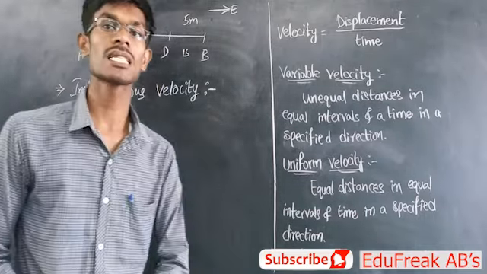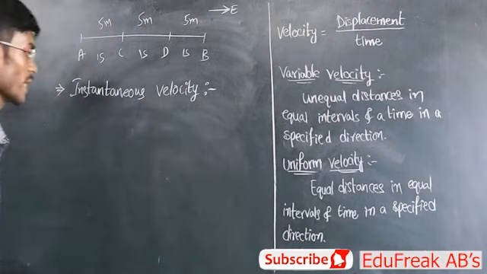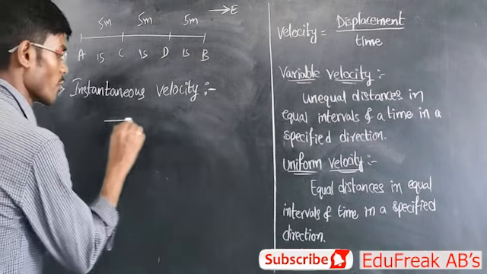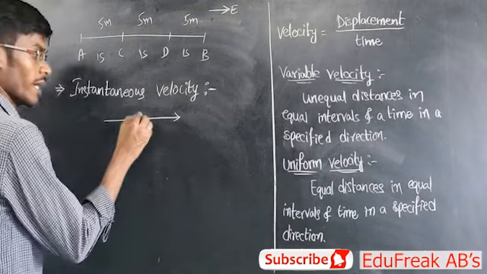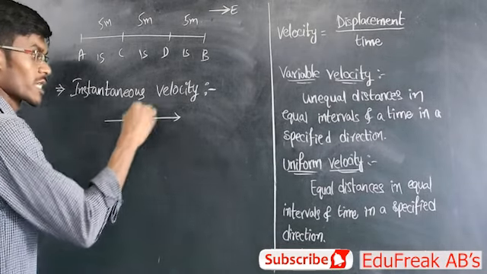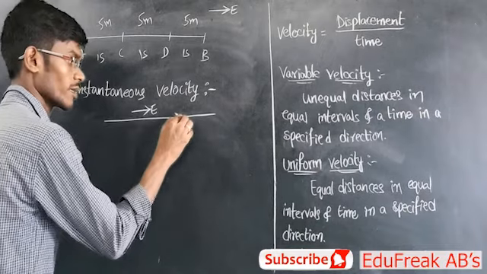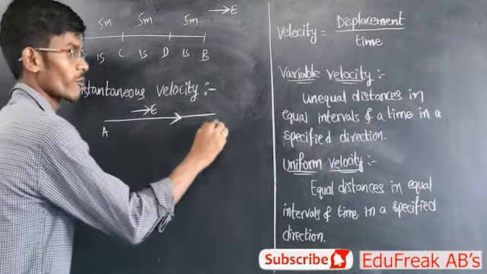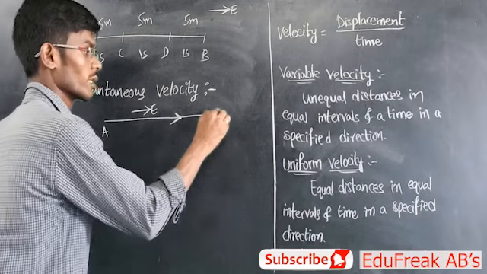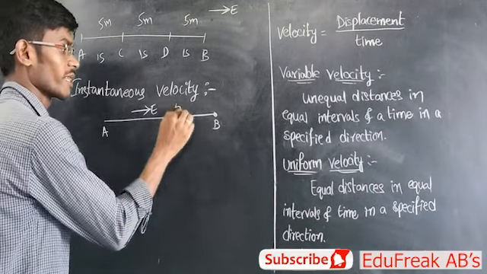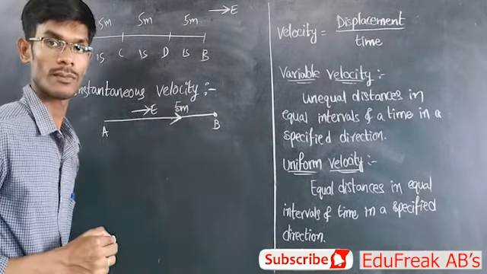So if it is moving along a straight path, suppose towards the east direction, then at this point, your direction will show the instantaneous velocity along with the magnitude.